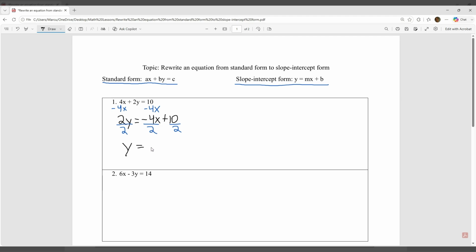Negative 4x divided by 2, that makes a negative 2x, and 10 divided by 2 is 5. So now you have your equation in slope-intercept form. Please go ahead, pause the video, and try question number 2.